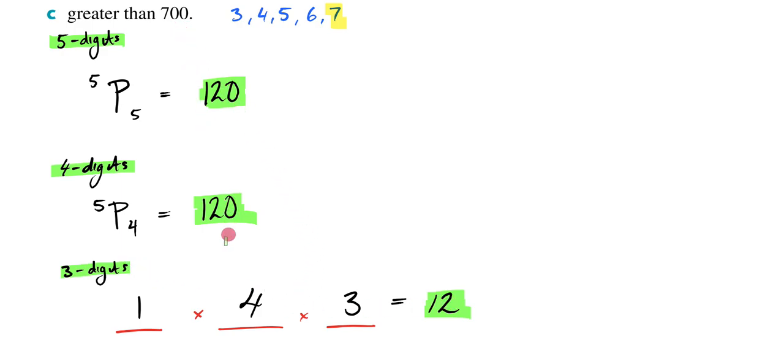Now, obviously, if it is a 2-digit number or a 1-digit number, it's not going to be greater than 700. So what I have to do now to answer this is simply add all these together. So it's going to be 120 plus 120 plus 12 to get my final answer. That is 240 plus 12, which is 252, should be my final answer.